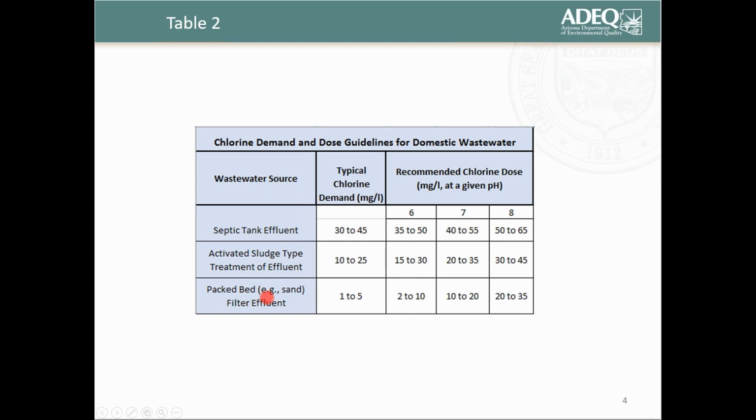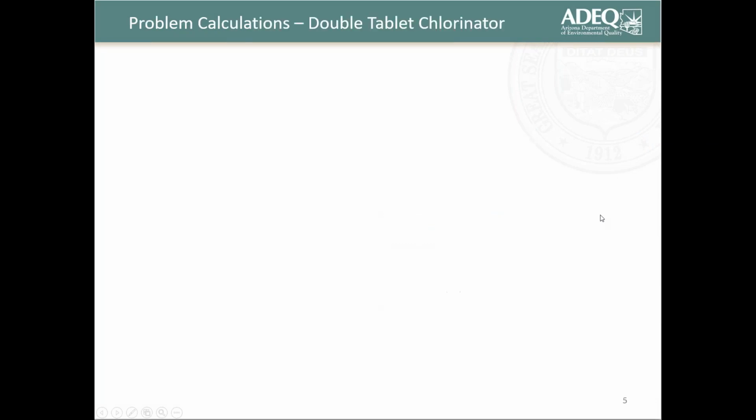But what we're using is a higher quality effluent, a packed bed filter effluent, where the typical demand is 1 to 5 milligrams per liter. And the recommended dose, again, you see it's 10 to 20. We're going to have a pH of 7. All right, let's see how we work out this calculation now.